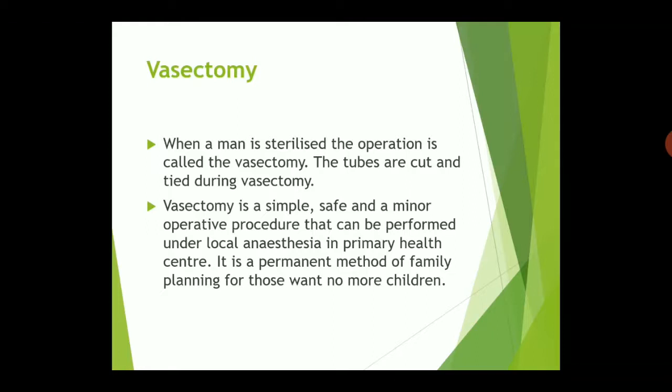The tubes are cut and tied during vasectomy. It is a simple, safe, and minor operative procedure that can be performed under local anesthesia in a primary health center. It is a permanent method of family planning for those who want no more children.